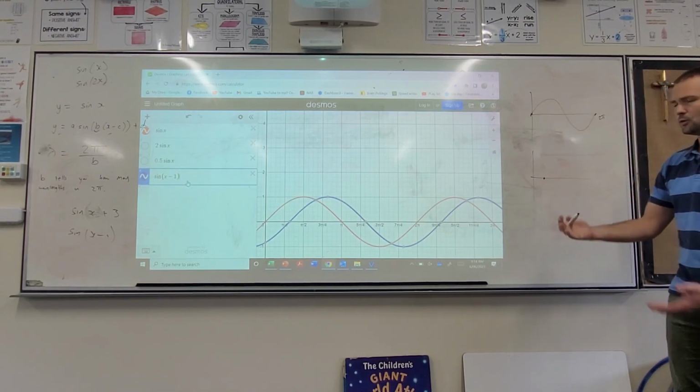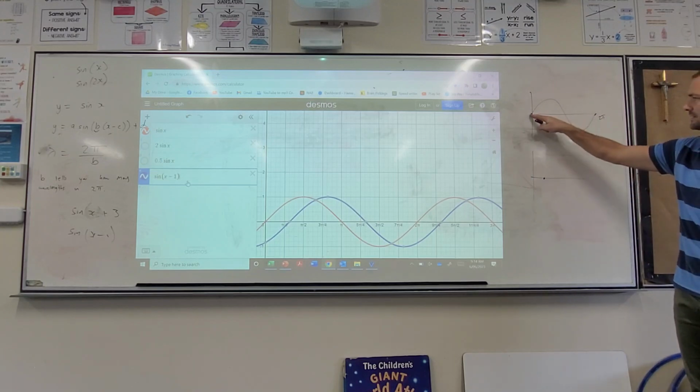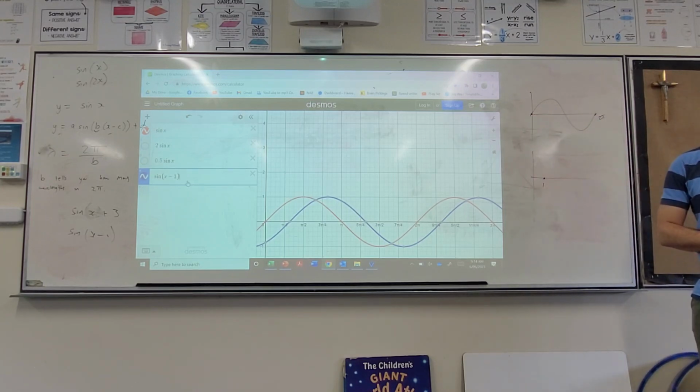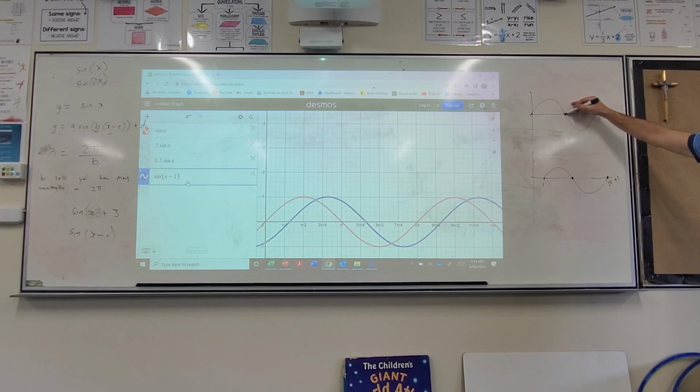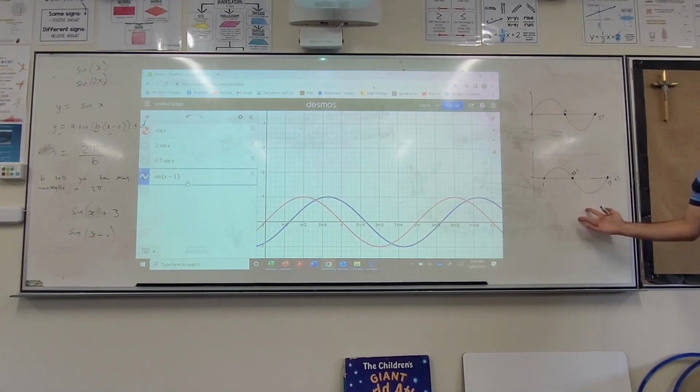What we would do, if we're moving it across 1 unit, it means that point now starts at 1, okay? And this point over here, where it would normally finish, which is 2 pi, this is going to be 2 lots of pi, but plus 1. Okay? And this point here, where it crosses the x-axis, where it's 0, that is normally pi. Here it's going to be pi plus 1. You're just adding 1 onto every root, because we've moved every root across 1 unit. Okay? And so that would be an appropriate way to sketch it.